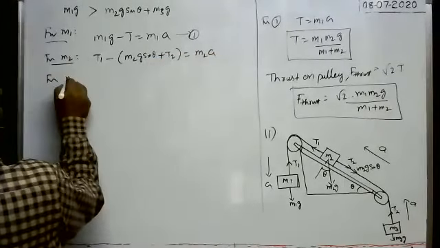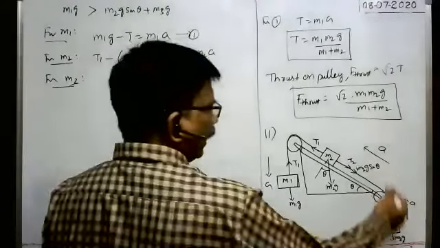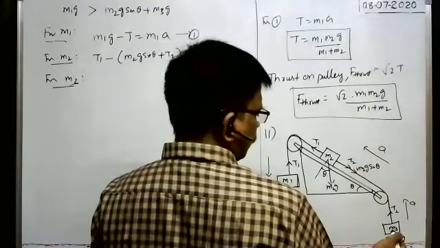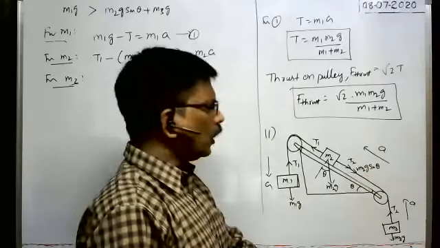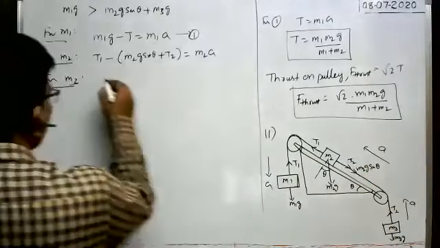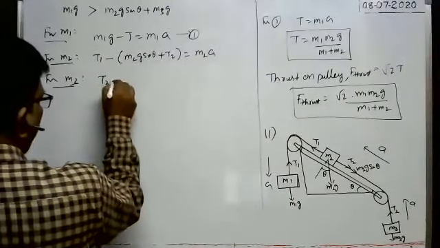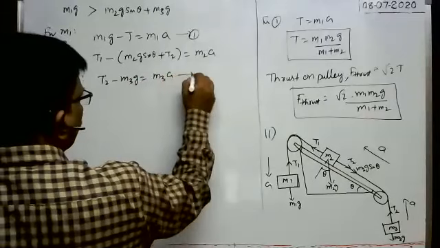Next, for the third block M3, along this direction two forces act: T2 upwards, M3g downwards. As the block moves upwards, T2 is greater than this one. That's why T2 minus M3g is equal to M3 into a.